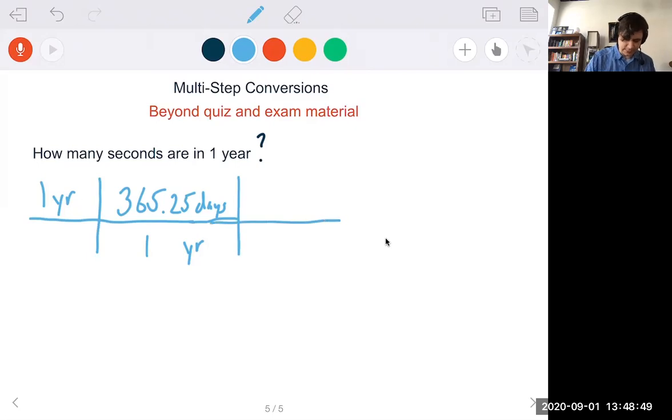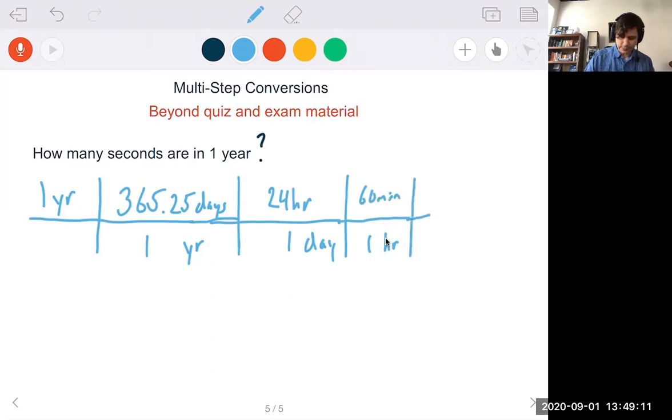Now I want to go from 1 day. Well, there are 24 hours in 1 day, not to second. Now I want to go from hour. So in 1 hour, there are 60 minutes. Almost a second, because I know in 1 minute, there are 60 seconds.